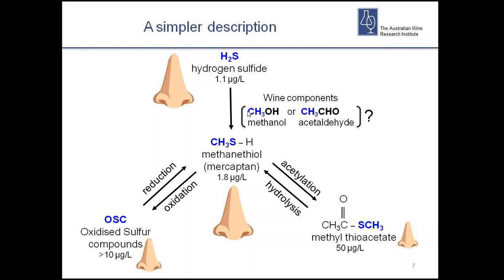And then we can once again have the problem with methanethiol at this low aroma threshold. So this scheme is a very simplified representation of just some of the sulfur chemistry that can take place in wine, but it's a very good way to illustrate how the sulfur compounds in the wine are reacting and how they're not stable and how they can be involved in many reactions in the wine.